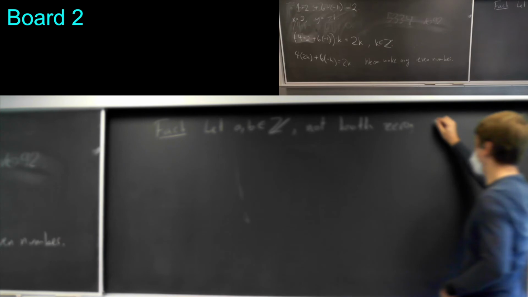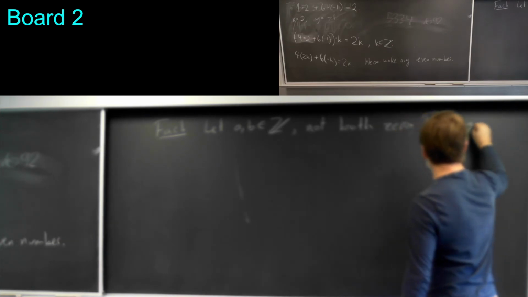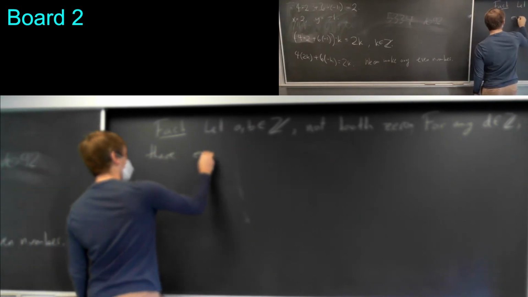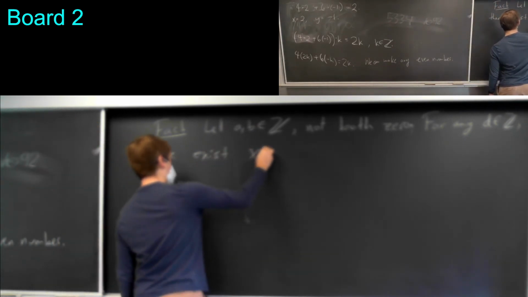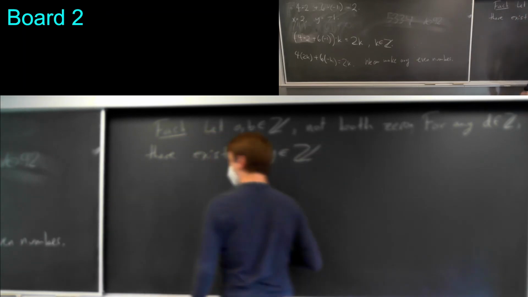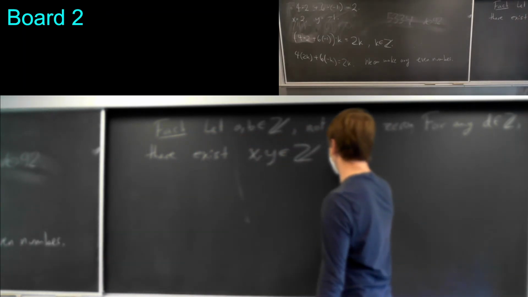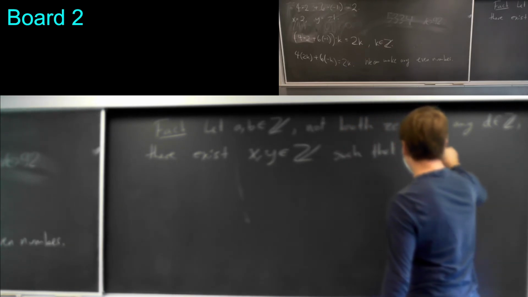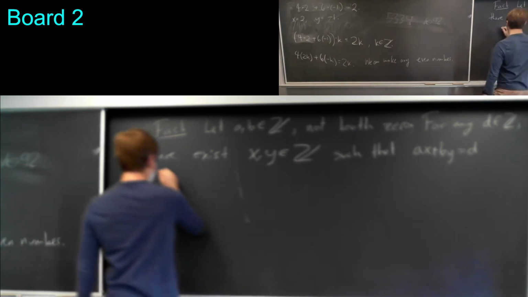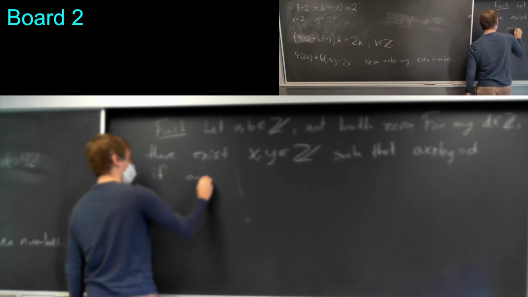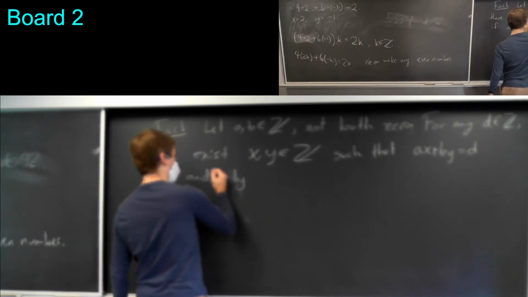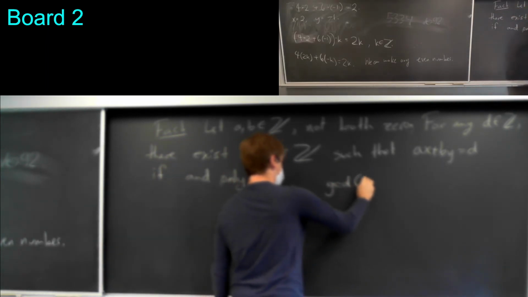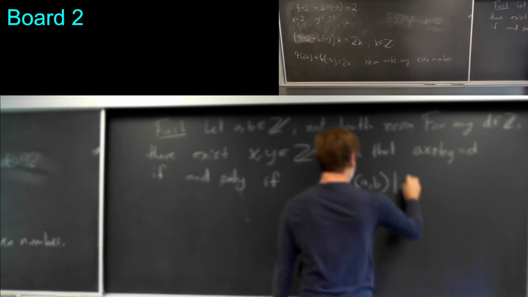Then for any integer d, there exist x, y in the integers such that ax plus by is d if and only if the GCD of a and b divides d.